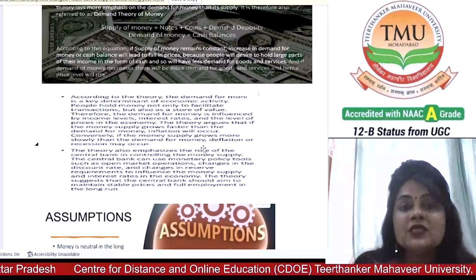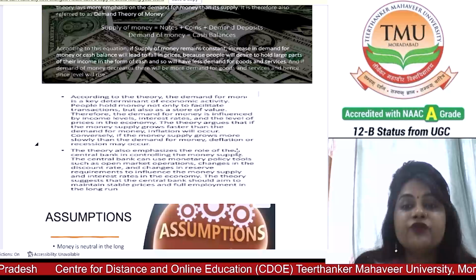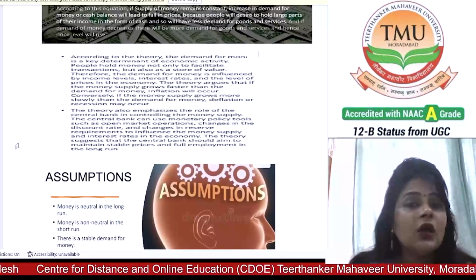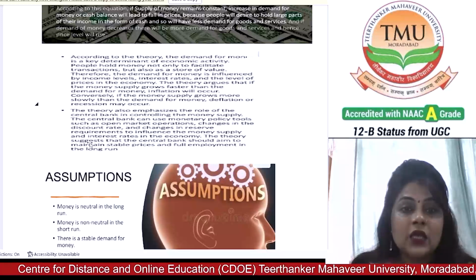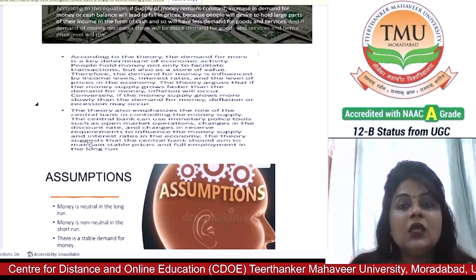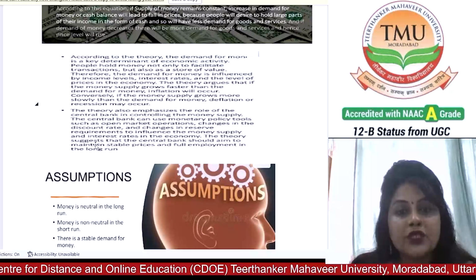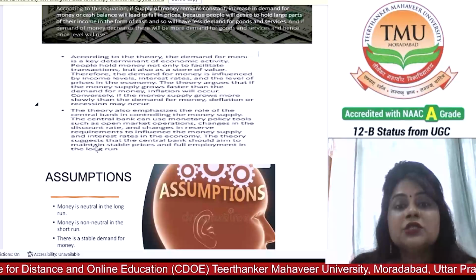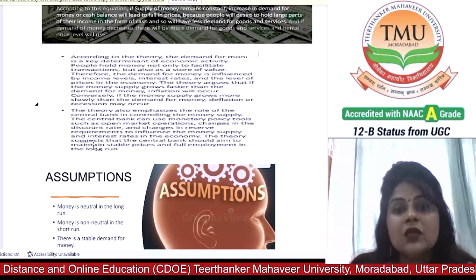Conversely, if the money supply grows more slowly than the demand for money, deflation or recession may occur. The theory also emphasizes the role of the central bank in controlling the money supply, through open market operations, changes in the discount rate, and changes in reserve requirements to influence the money supply.